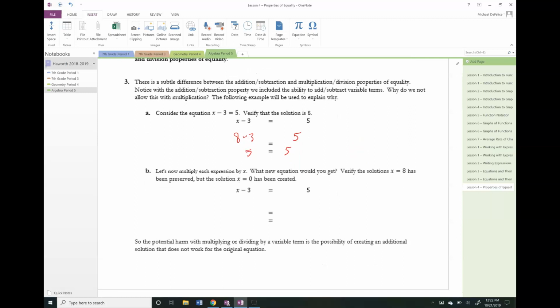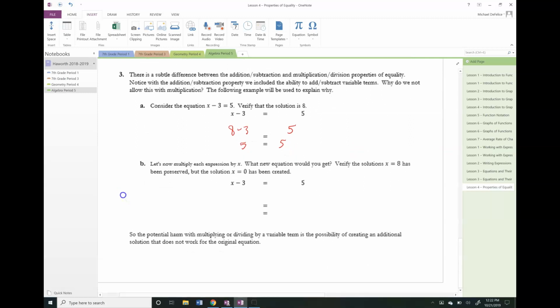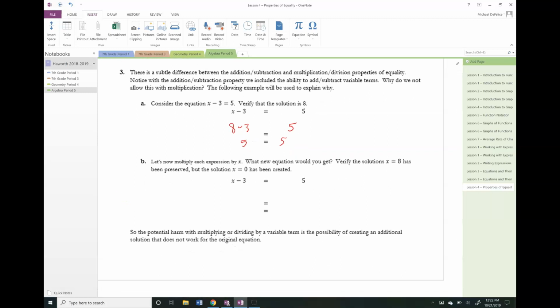Okay, but now I'm going to take the equation and multiply by x. Now remember, as we did above, every term has to get multiplied by x. And that's going to make this new equation x squared minus 3x equals 5x.